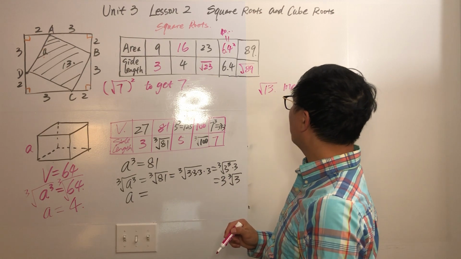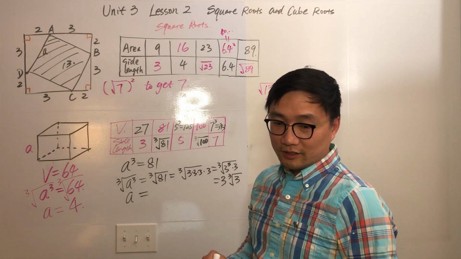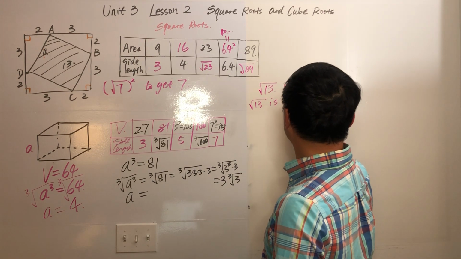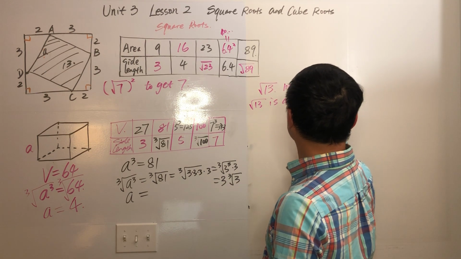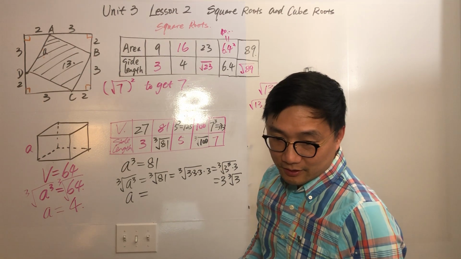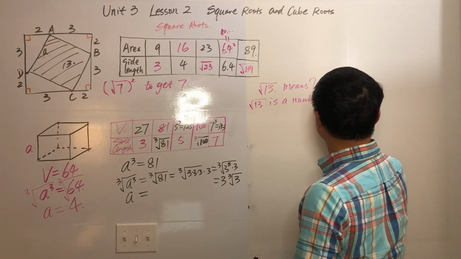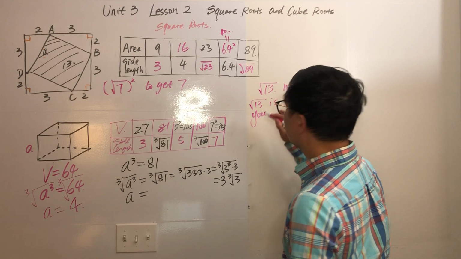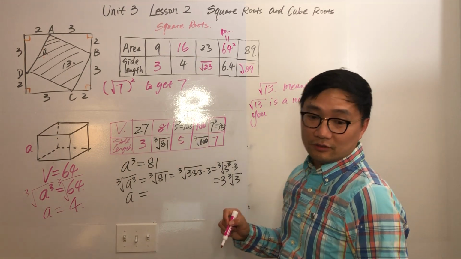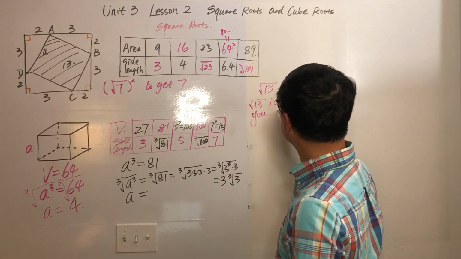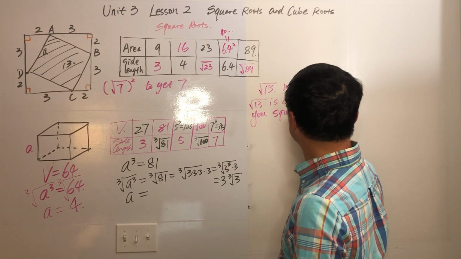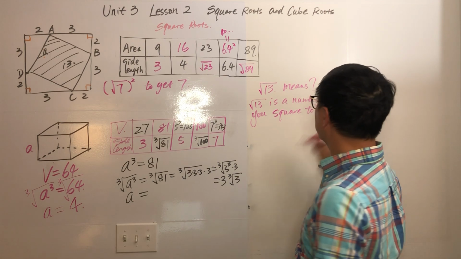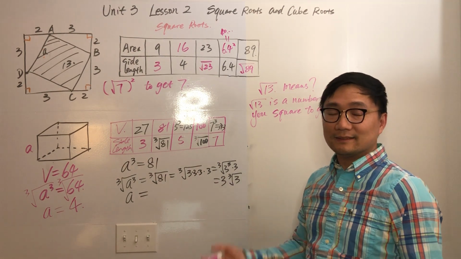You can answer this kind of question: square root 13 is a number that you square to get 13. That is the answer.